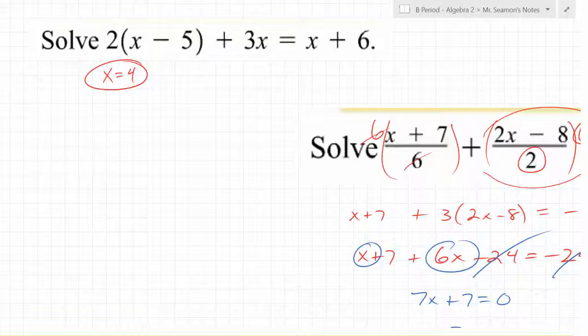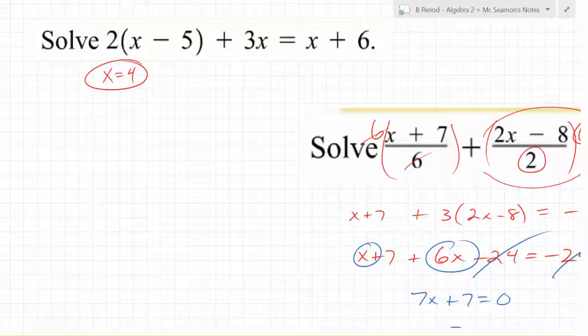Either to simplify or find the variable. You're getting really close. Find the value that corresponds to the variable. Makes it what? What makes it true?